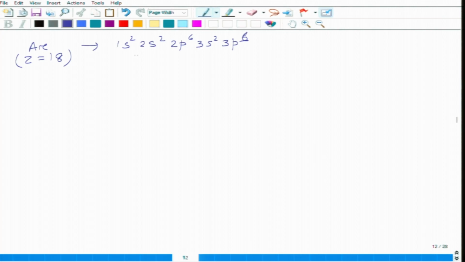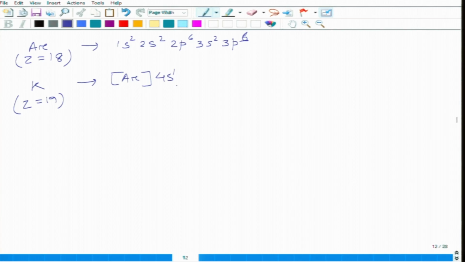So when we write potassium, which has atomic number 19, we can write argon and 4s1 like this. This way we can write the configurations.